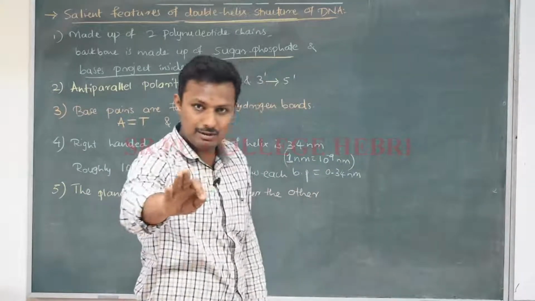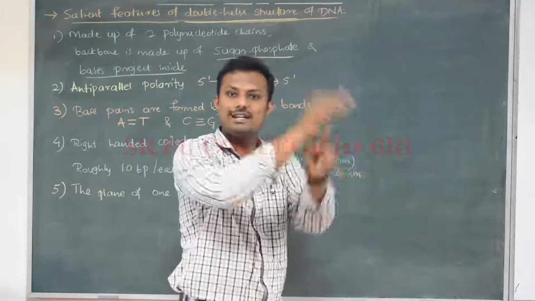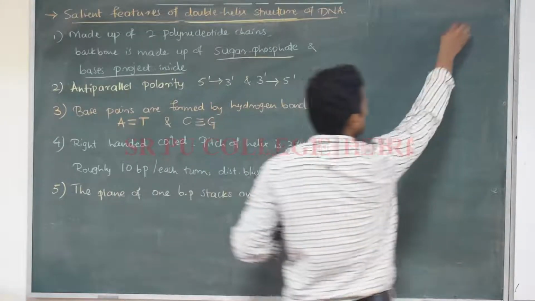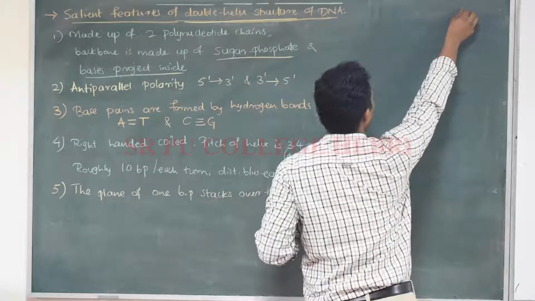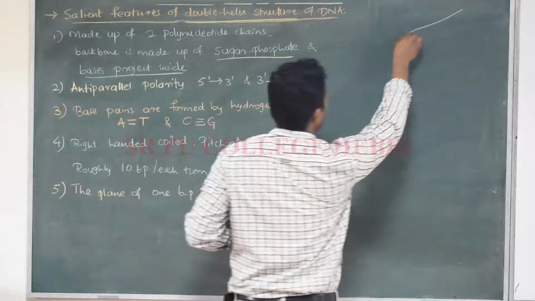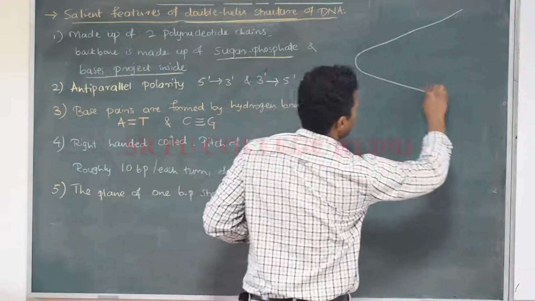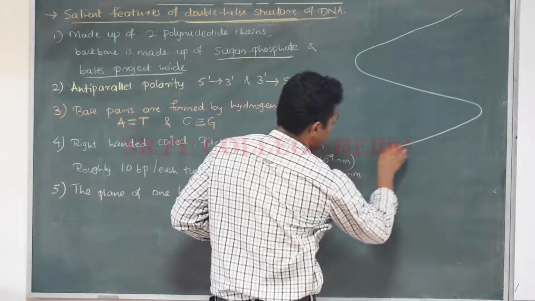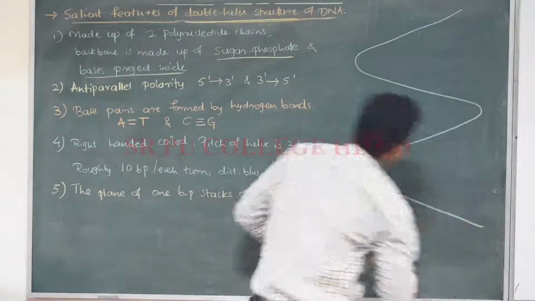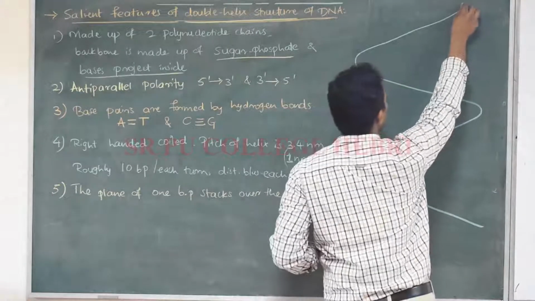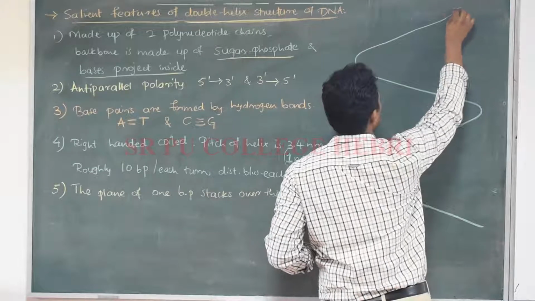While drawing the DNA diagram, just don't draw it like a snake. There is a proper way of drawing here. Observe this carefully. It should be like this. We need to make 2 strands of the DNA.